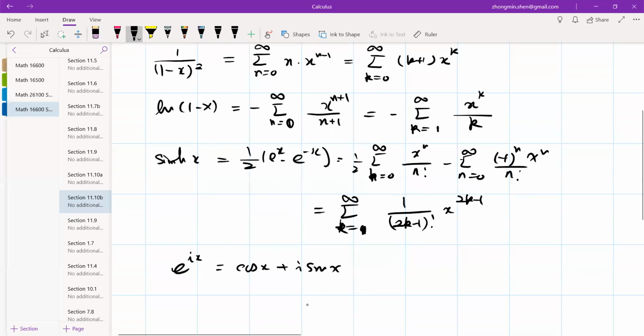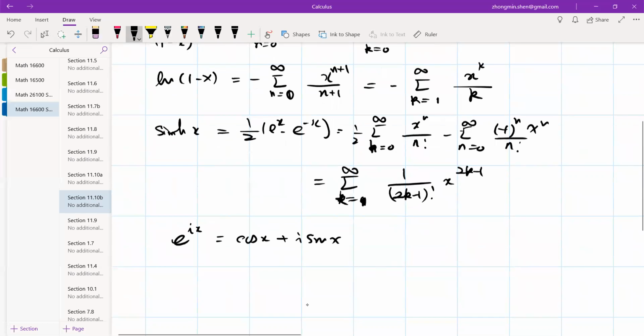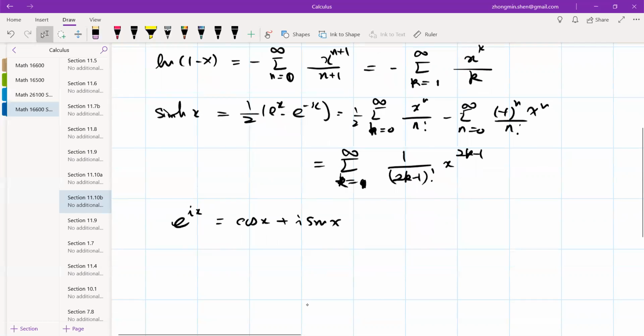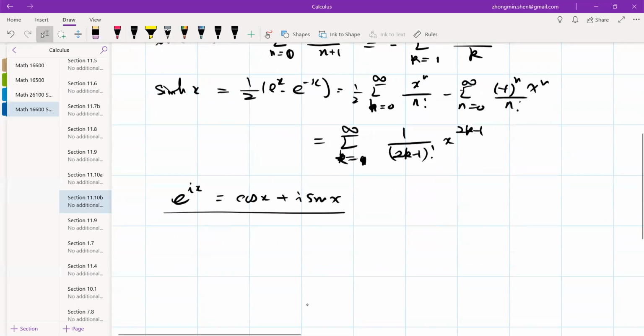But of course we're not talking about complex numbers, so we cannot use the Taylor expansion for the e function to get the Taylor expansion for sine and cosine. So we are going to directly find the Taylor series for sine x.